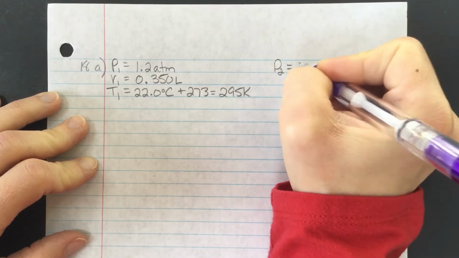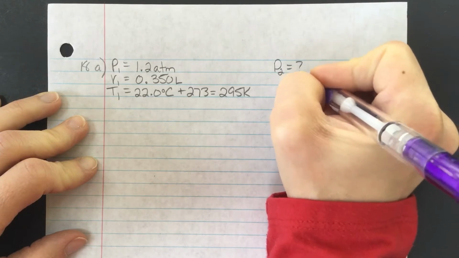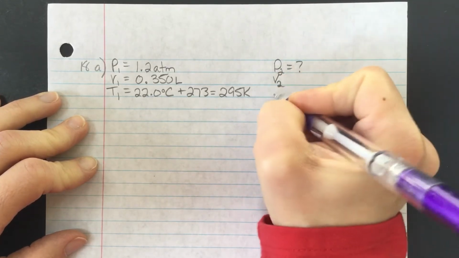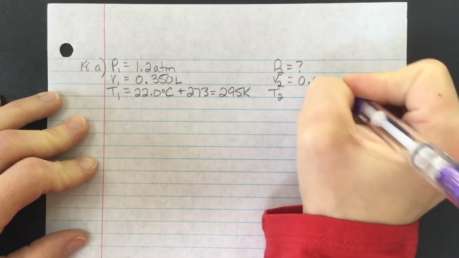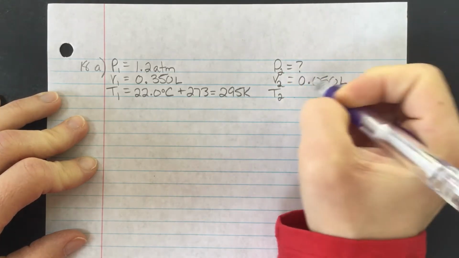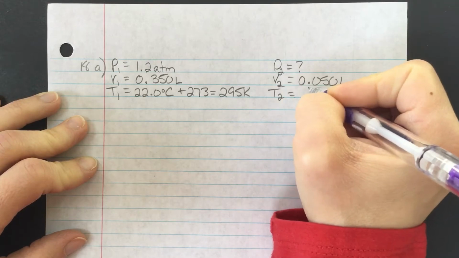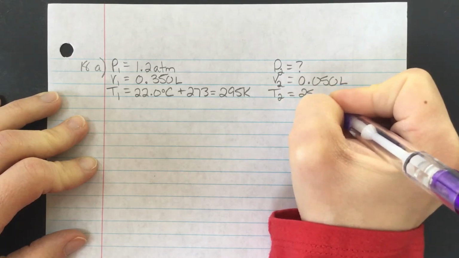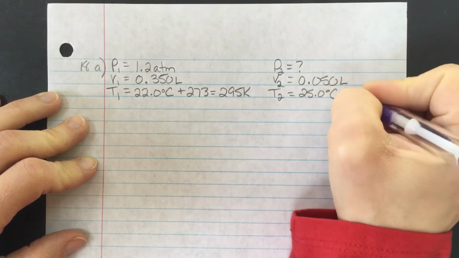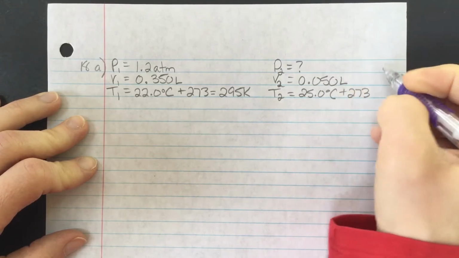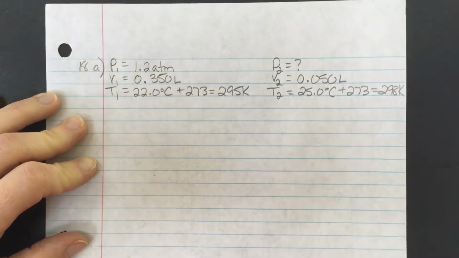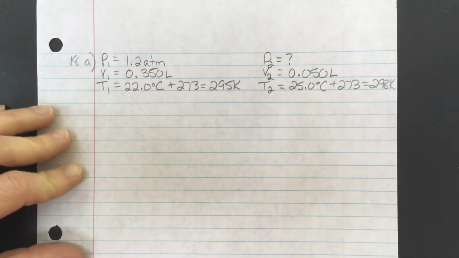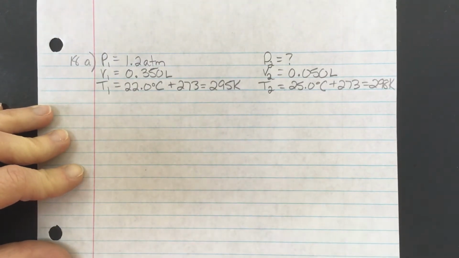So P2 is what I am after. My final volume is 0.050 liters, and my final temperature is 25 degrees Celsius. Adding 273 to that, I get 298 K. So I have all of my quantities.